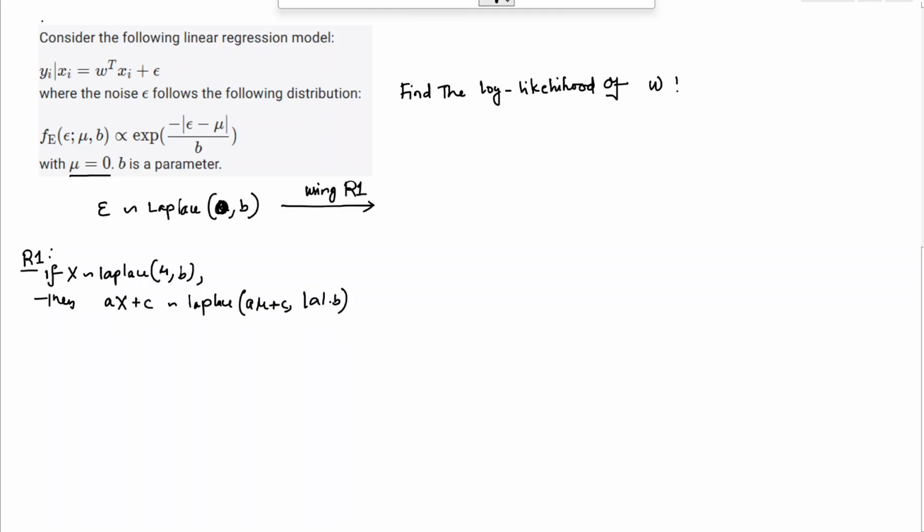what can we say about the distribution of y?